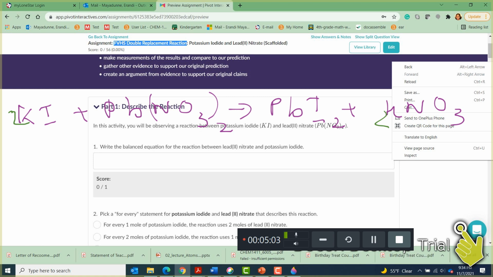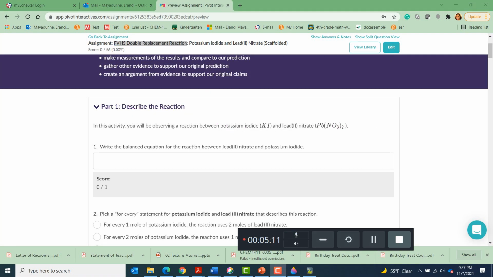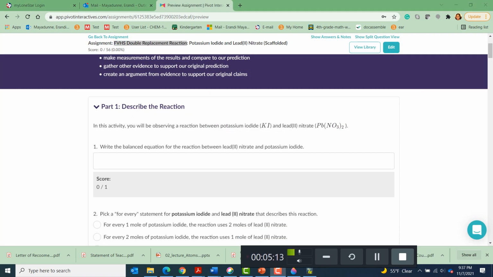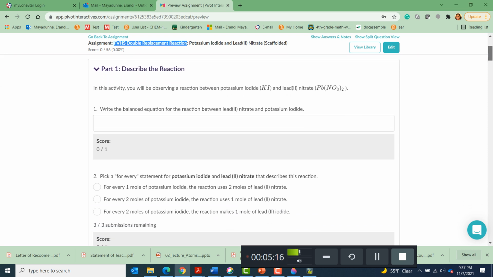The second question they're asking is: pick every statement for potassium iodide and lead nitrate that describes this reaction.